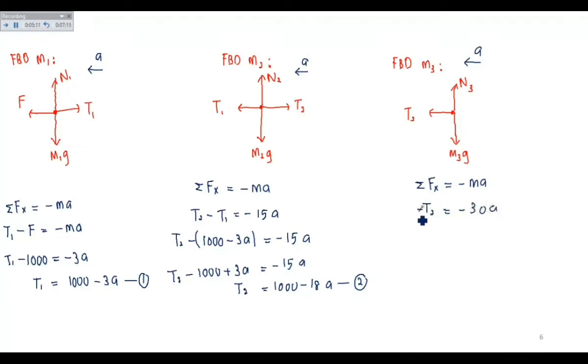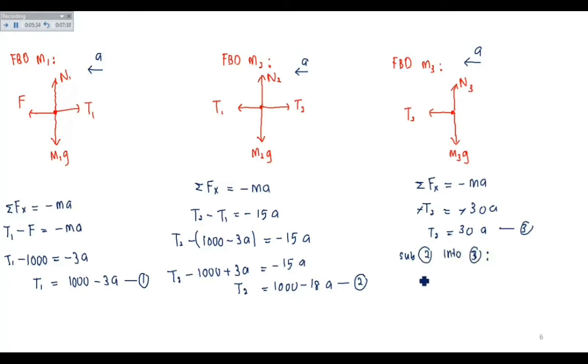Okay, so negative cancel out, so T2 equals to 30A. Alright, so this is our third equation. So saya substitute second equation into third equation.